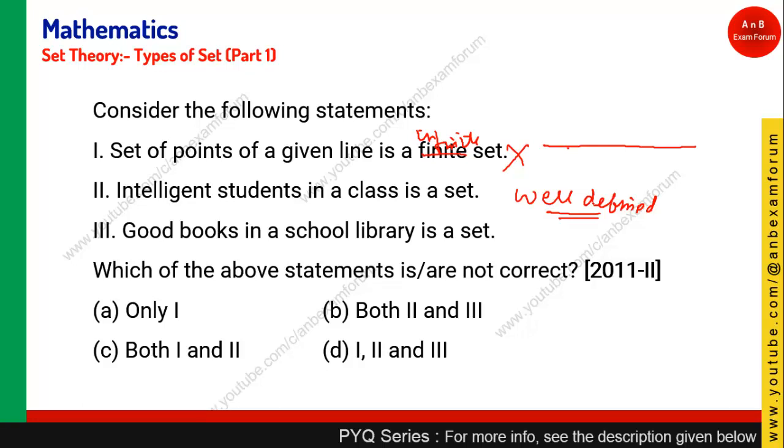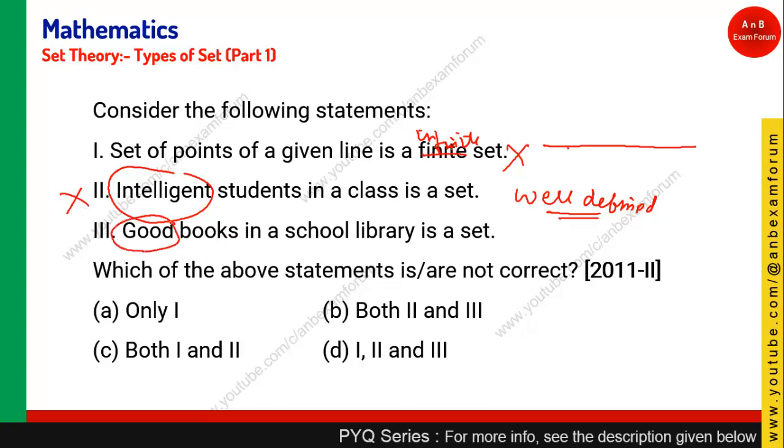Like intelligent, for some people a person may be intelligent, for other people it can be different. It is not objective, it is a subjective topic. So there is no clear cut definition of intelligence. Since it is not a well defined collection, it will not be called a set.